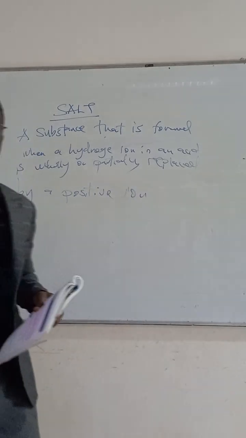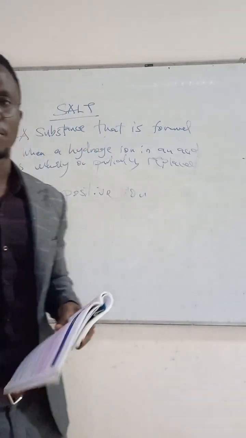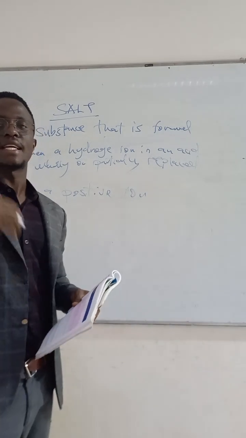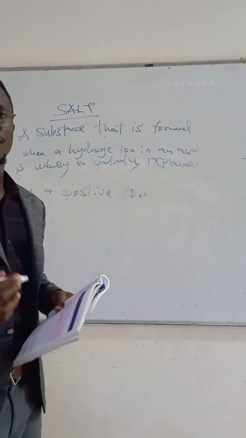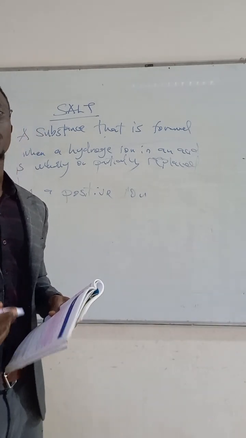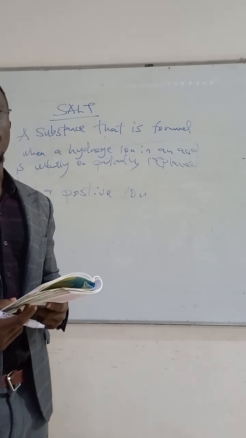So a salt is a substance that is formed when hydrogen ions in an acid are wholly or partially replaced by positive ions.